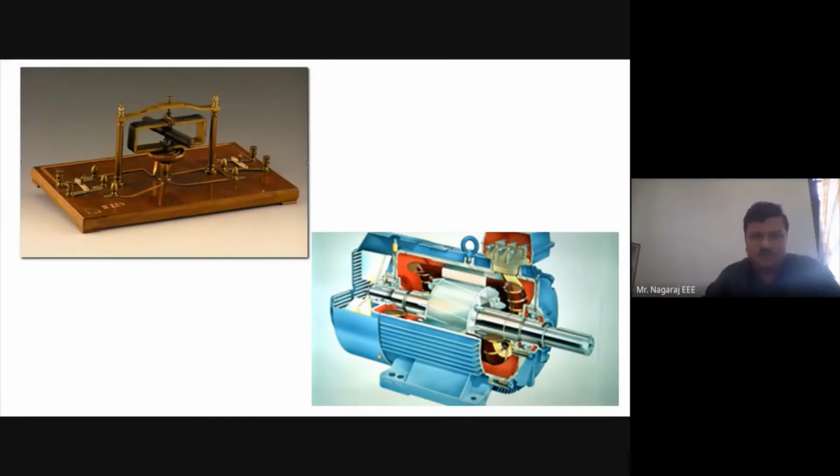Now these are the two motors, which span almost 150 years. The first image you see is the first electric motor, built by Benjamin Franklin. We know his name, he is an American inventor. This was operating on the electrostatic principle.